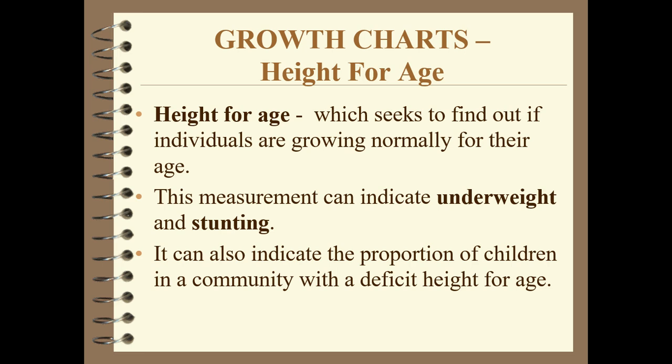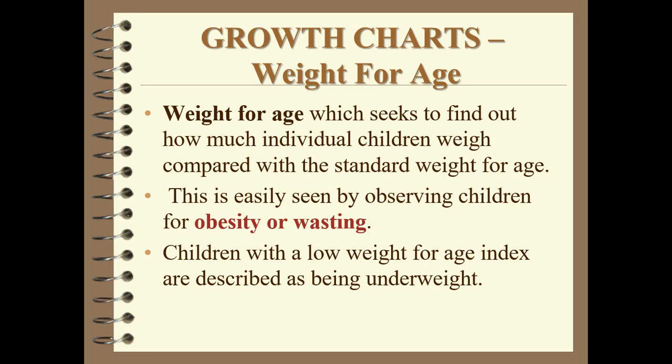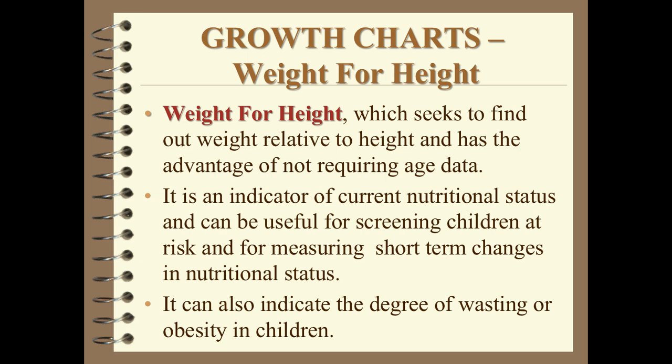The height for age tells you if your child is growing normally for their age, and this can indicate being underweight or what we call stunting. Weight for age sees if children weigh in the normal range and the standard weight for their age, and this can show either obesity or wasting, so being underweight as well.